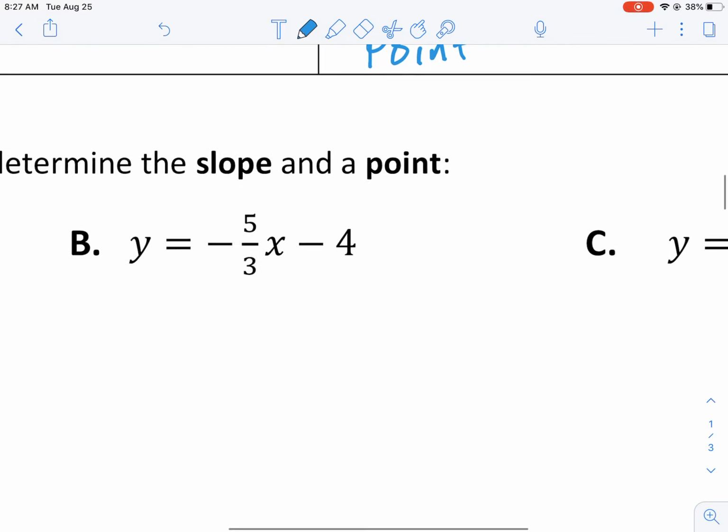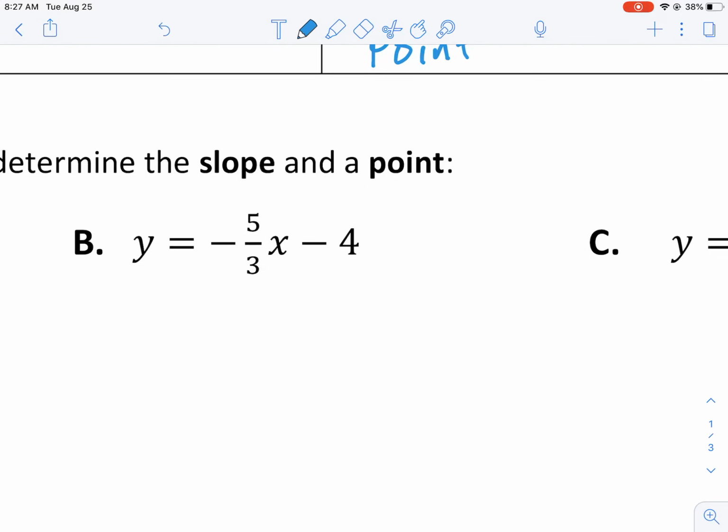Looking at B, here we have slope-intercept form. There's no parentheses. y is by itself. So our slope is whatever's in front of the x. That's -5/3.